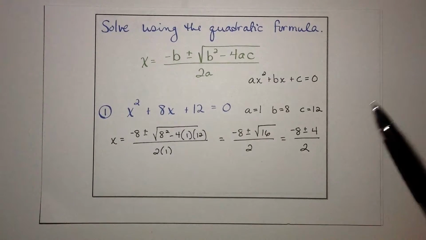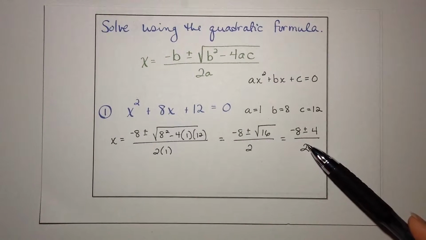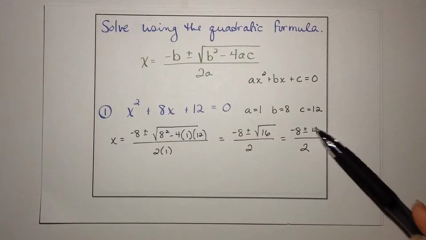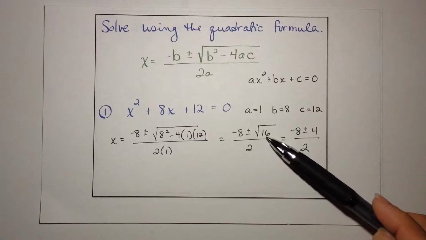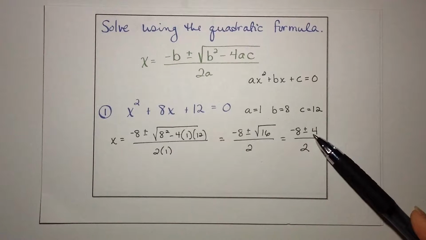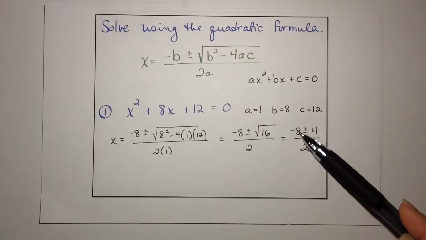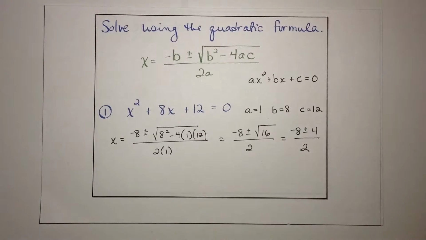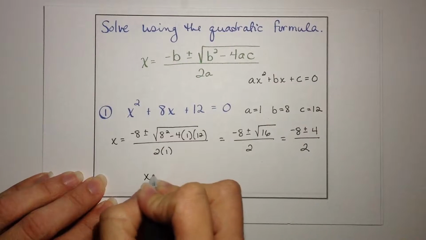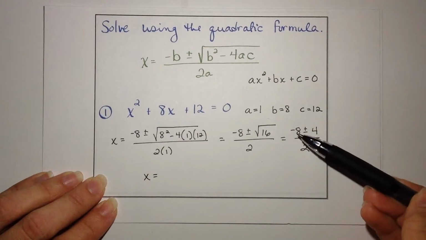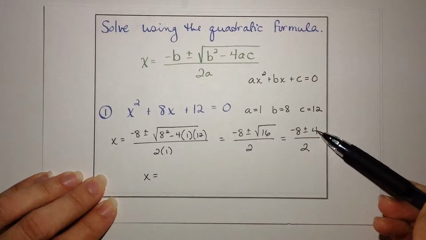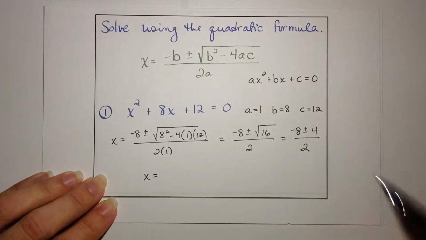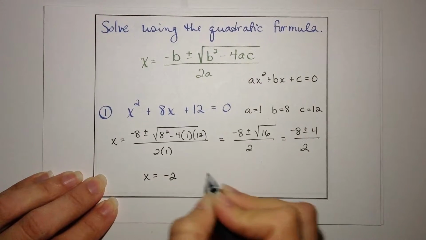Now, in some cases, once you get to this step, you're finished when there happens to still be a radical left. But since this was a perfect square, I don't have my radical. Go ahead and do the two calculations, like work this out with the plus sign, work it out with the minus sign. So using the plus sign, negative 8 plus 4 is negative 4, and then negative 4 divided by 2 is negative 2.